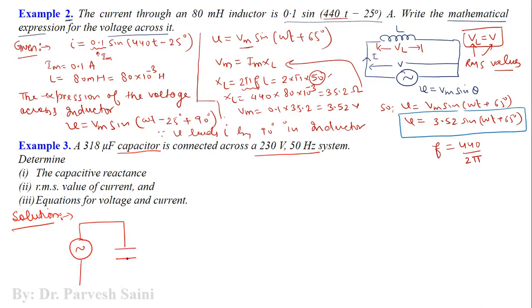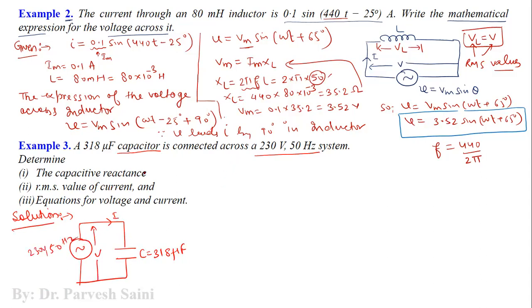The capacitor here is 318 microfarad, the current here is I, and the voltage across it is V. This is a 230 volt, 50 hertz source.